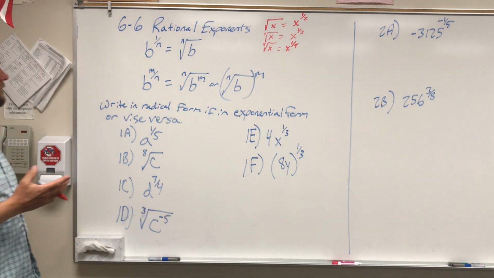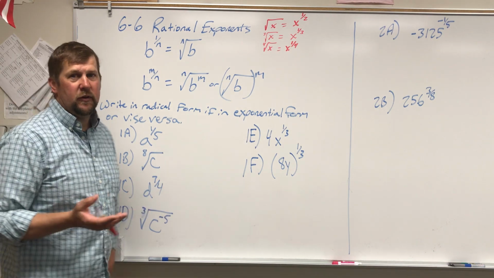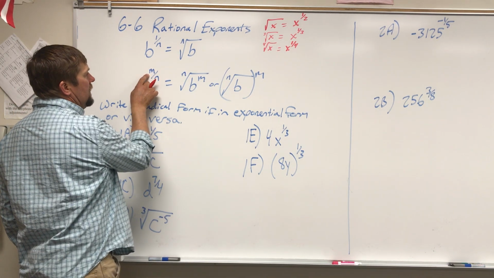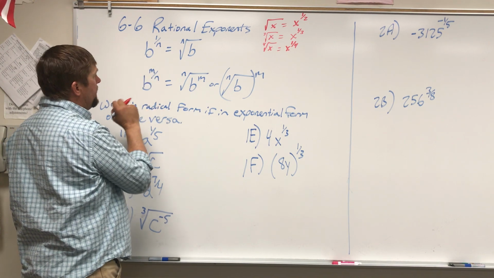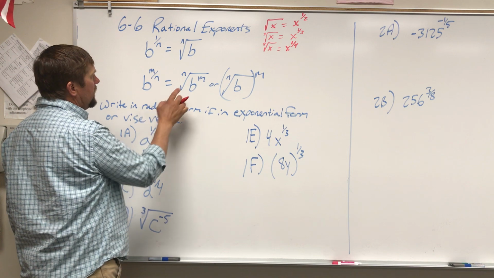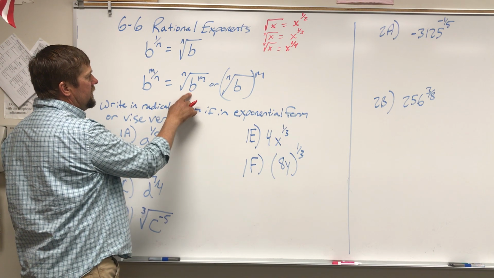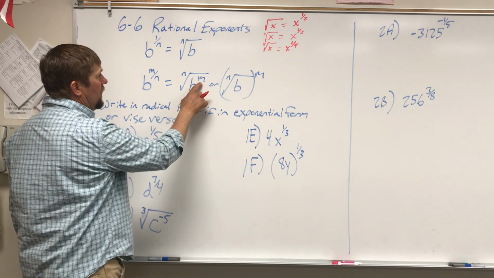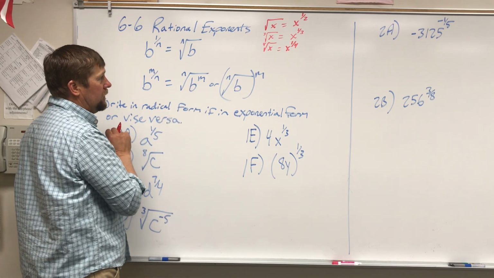You can have something other than 1 up in the numerator. Let's call it m. M over n is your exponent. As a root, it's the nth root, because that's the denominator, all to the mth power.